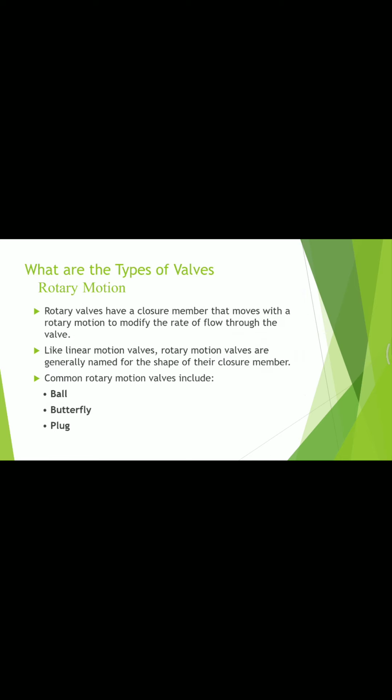Okay, what are the types of valves? The second type is rotary motion. Rotary valves have a closure member that moves with a rotary motion to modify the rate of flow along the valve.